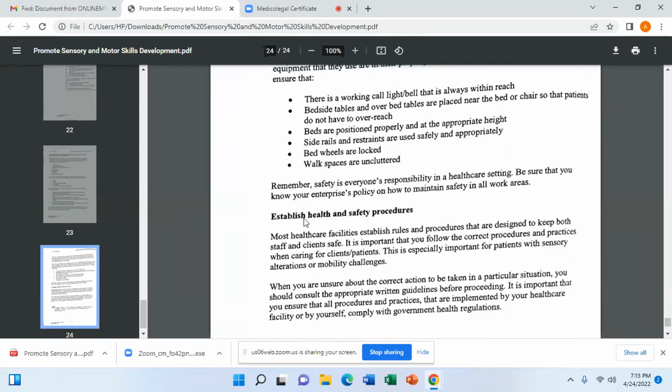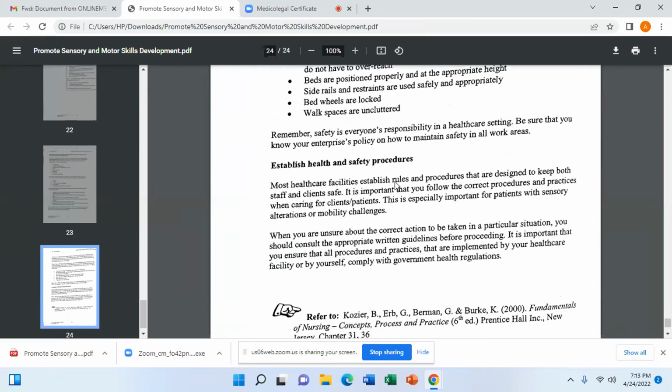Anyway, all right, so establish health and safety procedures. Most healthcare facilities establish rules and procedures that are designed to keep both staff and clients safe. And therefore, it is important that you follow the procedures that are in place when caring for the patient, right? This is especially important for patients with sensory alterations or mobility challenges.